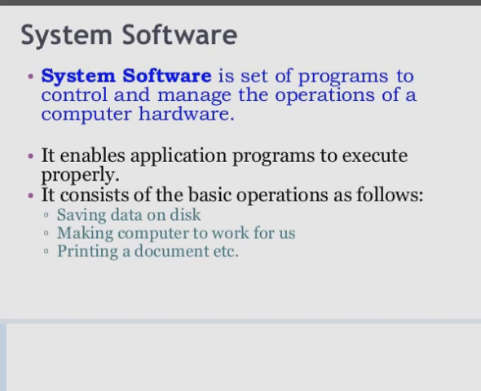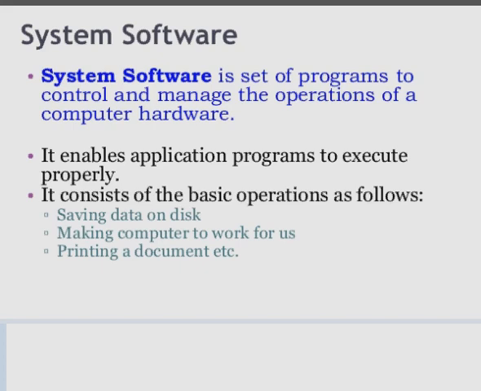Means after having the system software in our system, then only we can use some other custom or application software. The first requirement that our computer should have is a system software, at least one operating system in our computer.